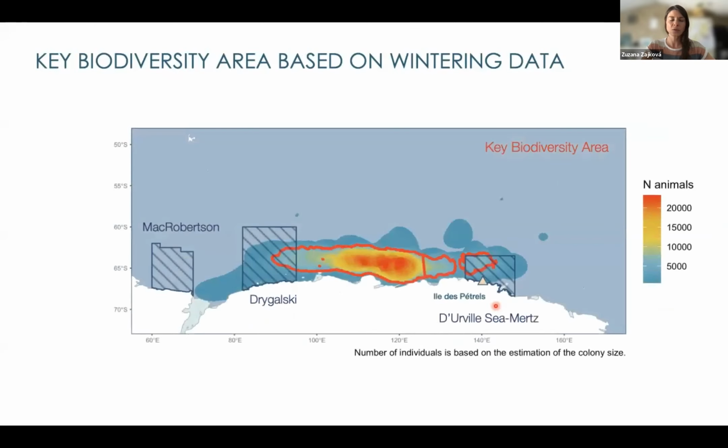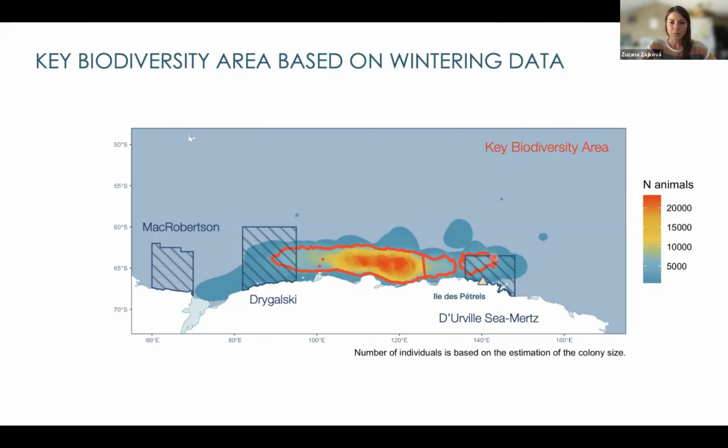So, using the approach to identify a site of potential importance for conservation through the key biodiversity area approach, which is based on the individual distribution of target individuals, we identified in red the area of potential interest for conservation during the wintering period of Adelie penguins.